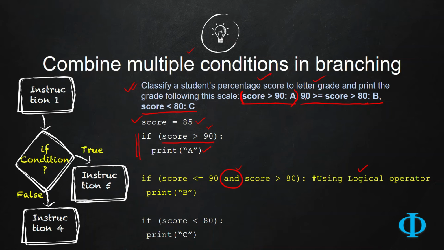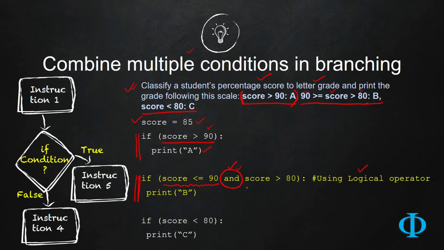Now in the second part of the program, here you have to check whether the score is in between 90 and 80. How can you do that? For that you have to use this AND operator. In the first part of this AND operator, you are checking if the score is less than or equal to 90.